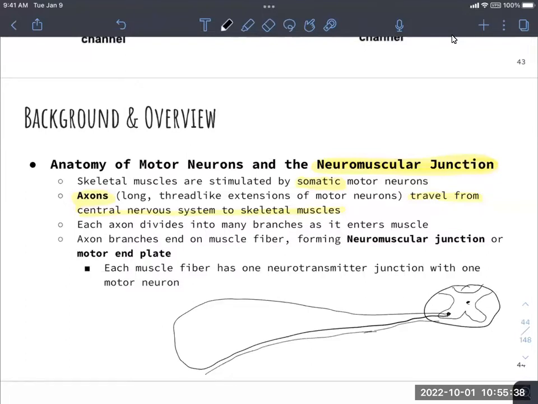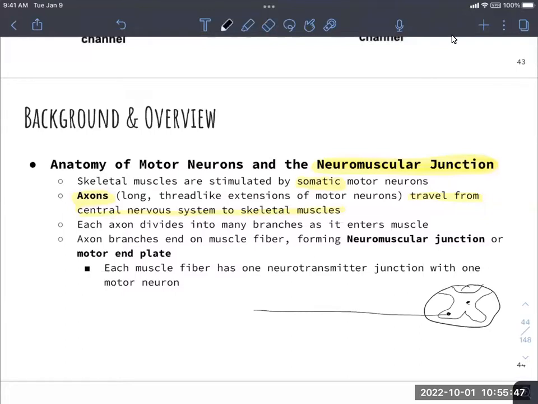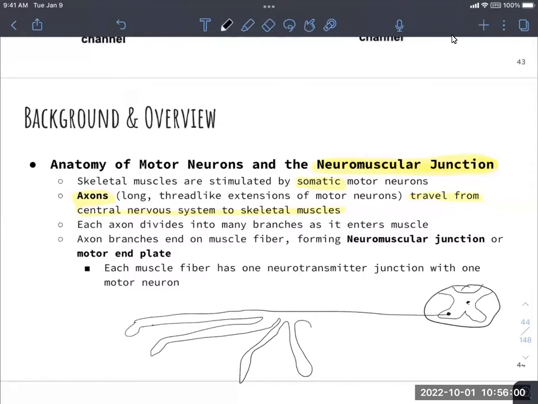These axons, let me redraw this, because these axons come out and they're going to branch. So here's one. They're going to come out to another one. There's another muscle cell, another muscle cell. They're going to branch into a lot of pieces to connect to the different muscle fibers. Each piece connects to its own muscle fiber here.